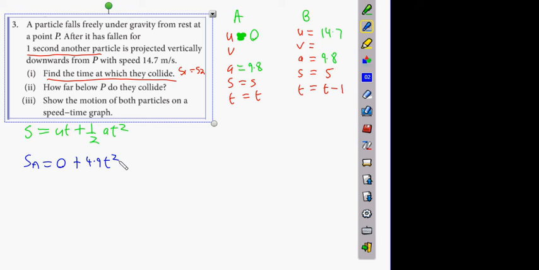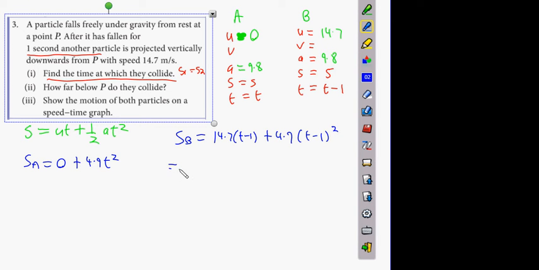The second one, S subscript B, the distance B covers, is going to be 14.7 times T minus 1, plus 1/2 of A, which is 4.9, times T minus 1 squared.